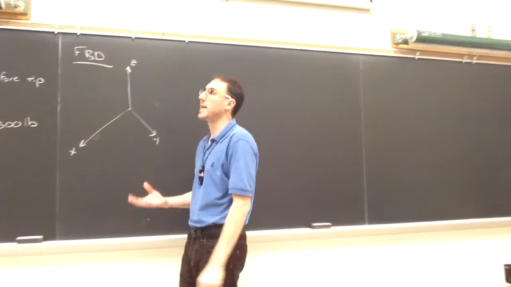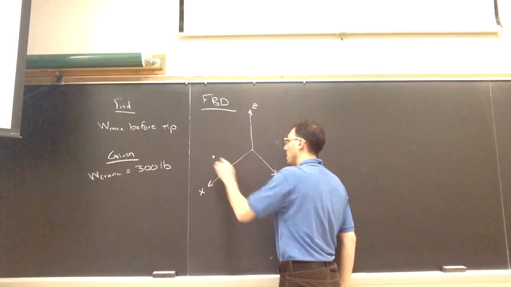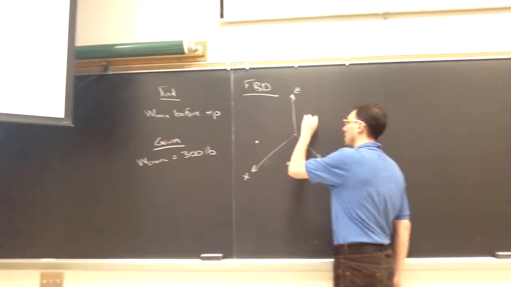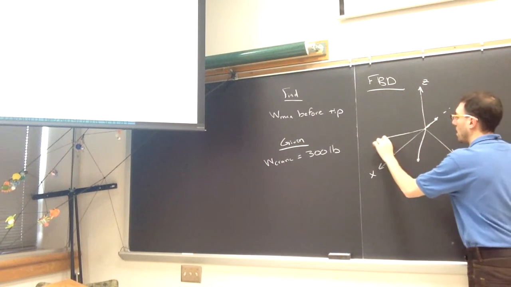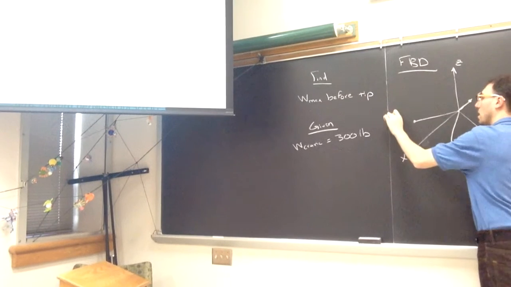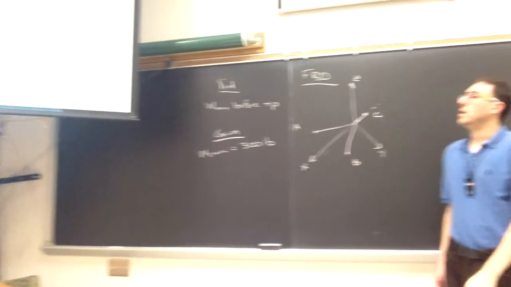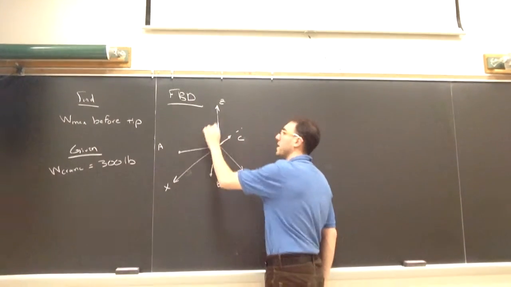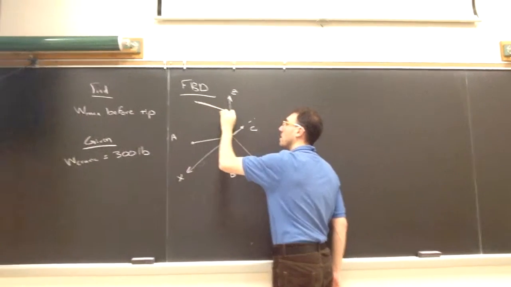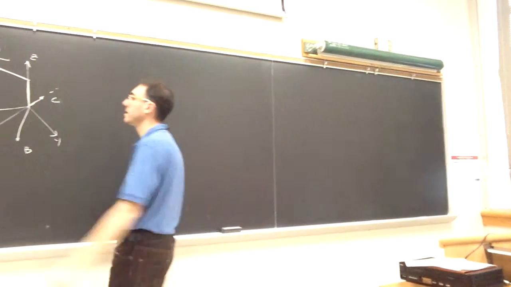I have wheels at A, at B, and at C. It comes up from the origin and then goes out and over. And then at that end point of the crane, I call it D in my diagram.